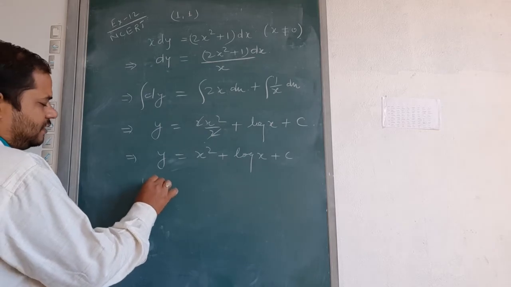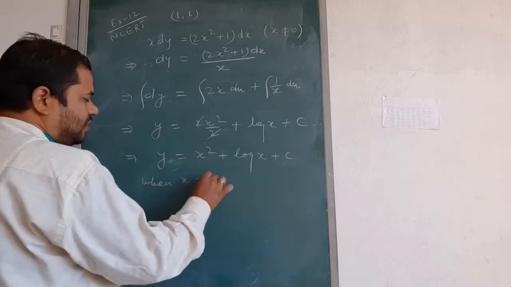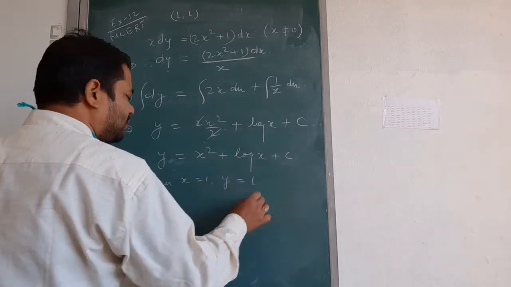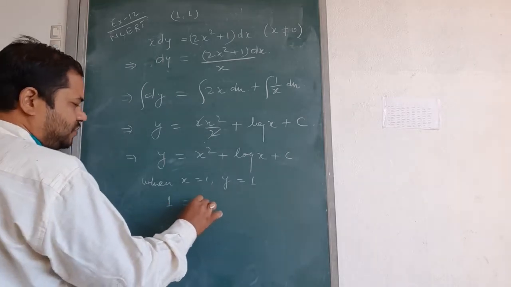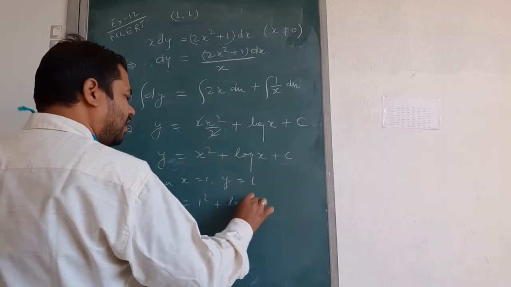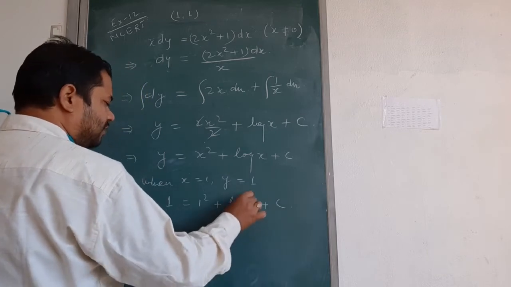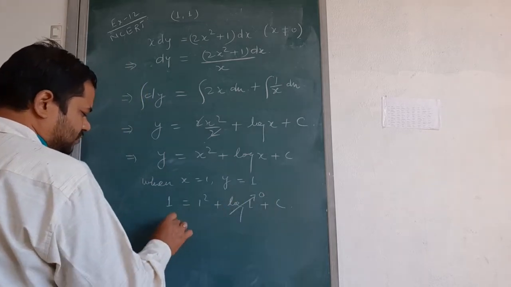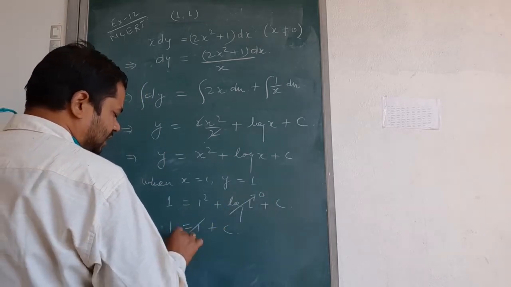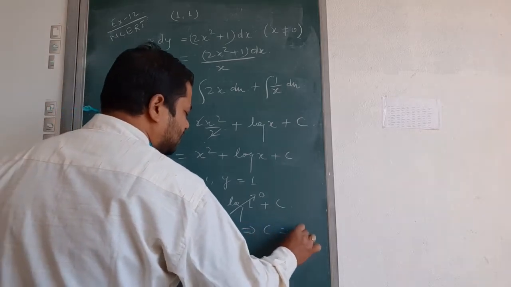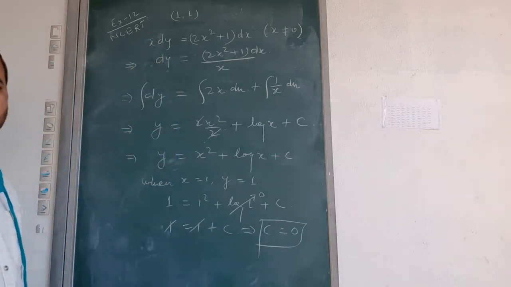Here when x is equal to 1, y should be 1. So 1 equals 1 square plus log 1 plus c, and you know log 1 is 0, so 1 equals 1 plus c, 1 is cancelled out. So c equals 0.